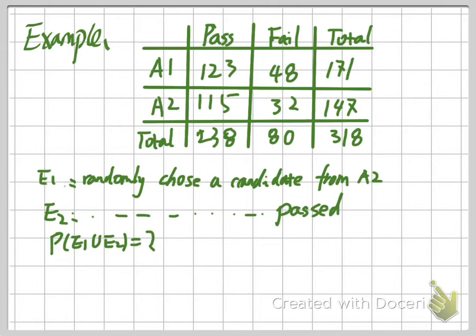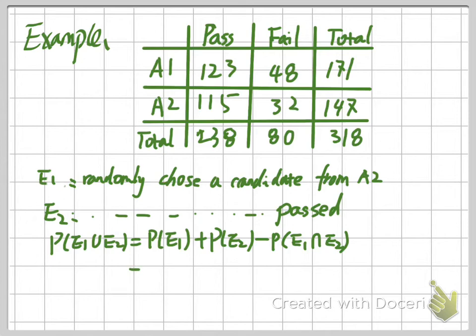By the formula of the probability of union, this is equal to the probability of E1 plus the probability of E2, minus the probability of E1 intersection E2. That means to get this value, we need to compute these three answers.